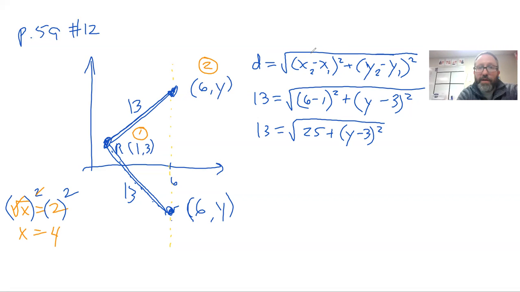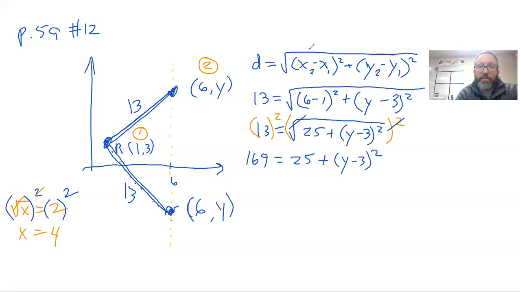We want to get rid of this radical on the right, so we're going to square both sides. And when we do that, we get 169 on the left side, and on the right side, the radical and that cancel each other out. So you get 25 plus (y minus 3) quantity squared. Okay, so we're getting closer.